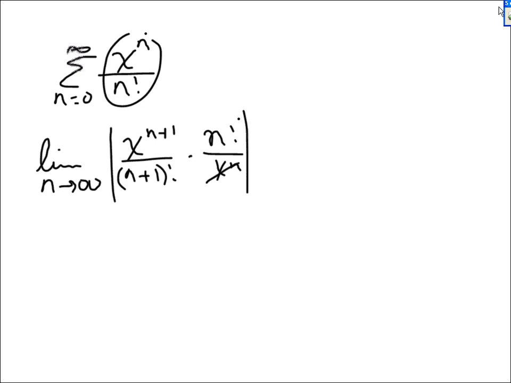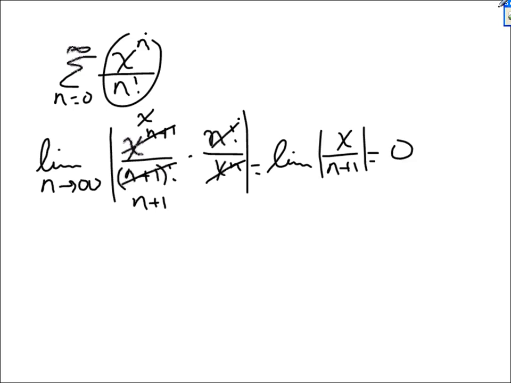This goes in here x times. And n factorial goes in there n plus 1 times. So you have the limit of the absolute value of x over n plus 1, but that's 0, which is less than 1 always. So the interval of convergence will be that.